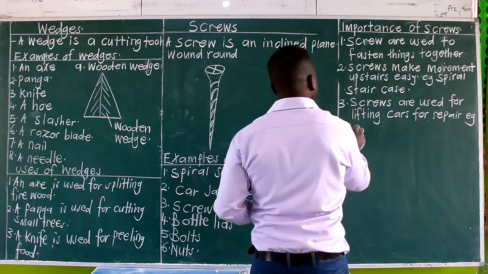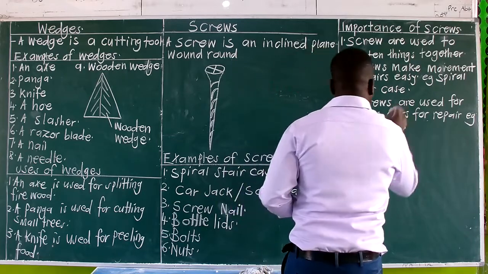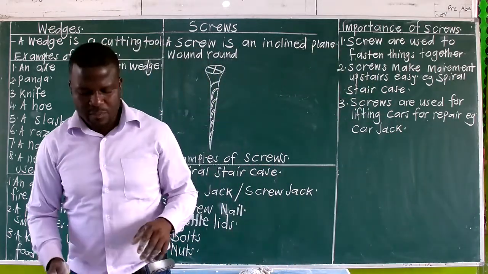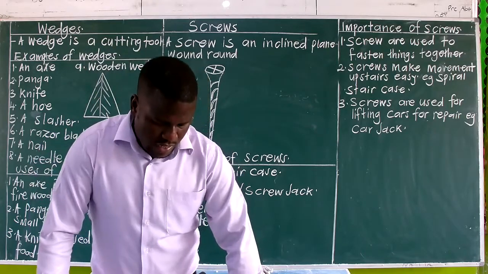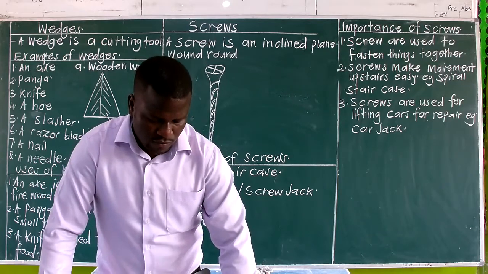A car jack lifts vehicles for repair, since it is a screw, that's the role it plays.